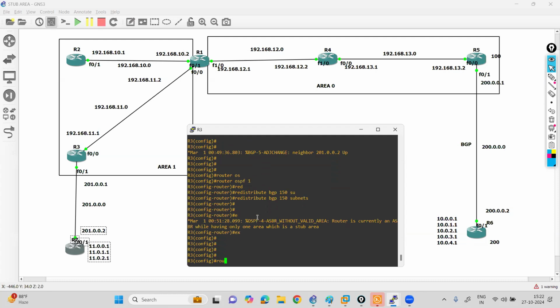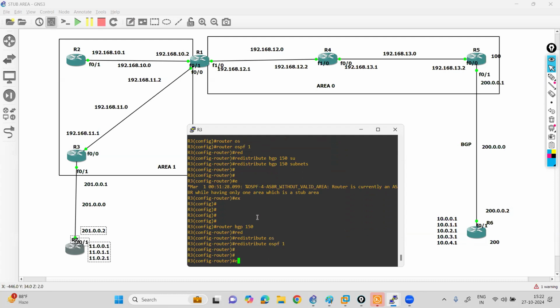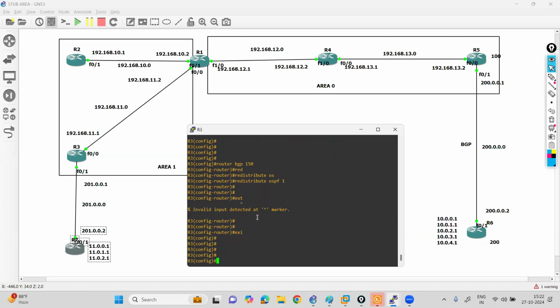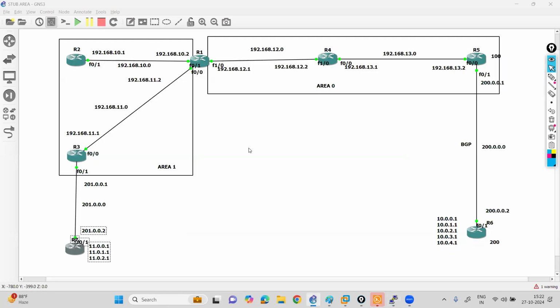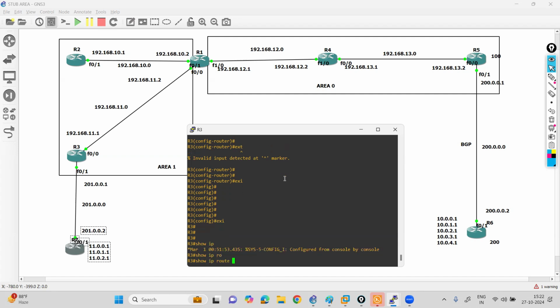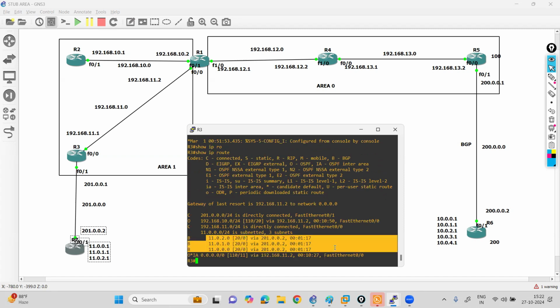Now let's go to router BGP 150. Okay. Redistribute OSPF 1. Now we've just done the redistribution over here. Okay. Let's go to router number 3. Put a command show IP route. Have you found all the networks from the BGP?